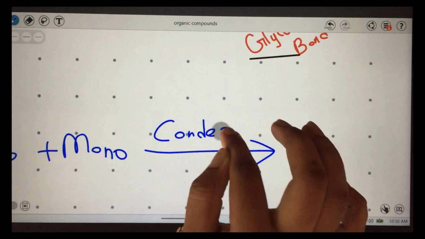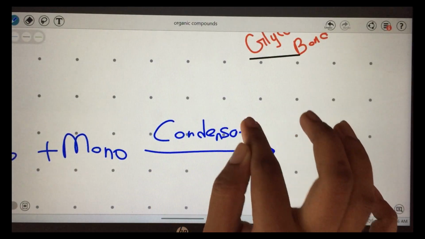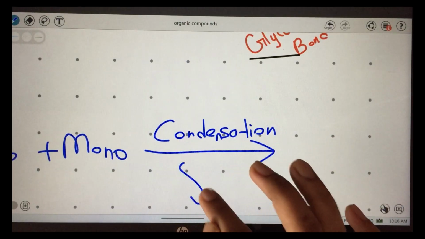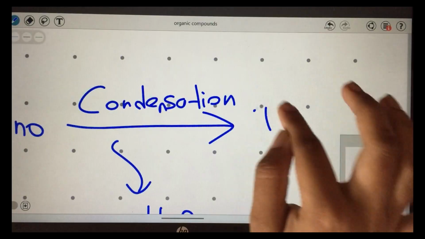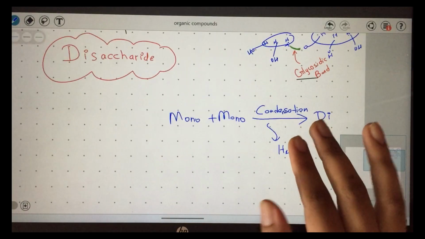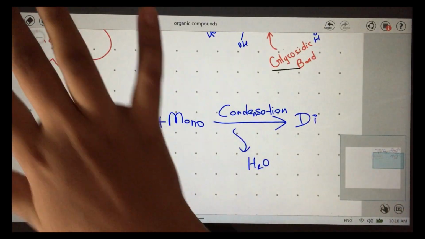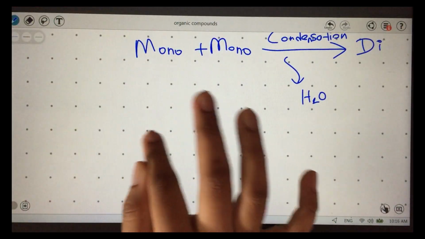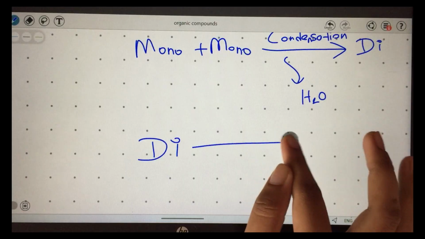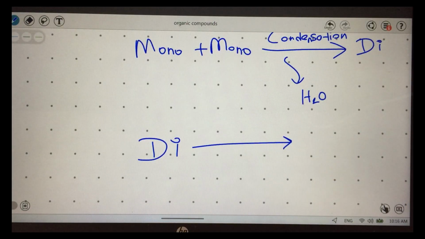What is the meaning of condensation? Condensation means water is removed, and you form a disaccharide. Now this is one way of this happening. The other way is, you have a disaccharide molecule, and you undergo hydrolysis.